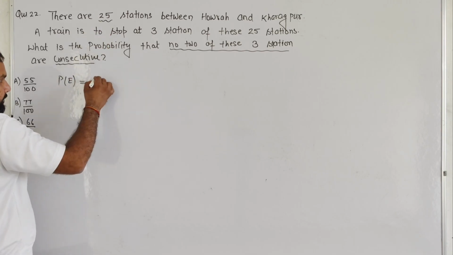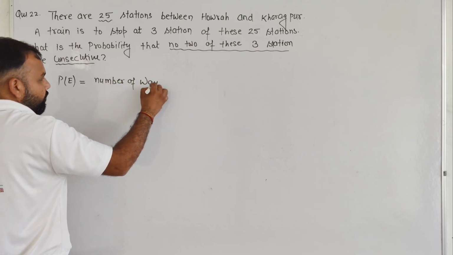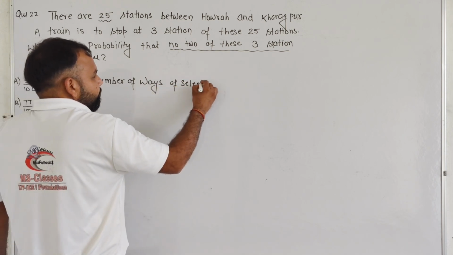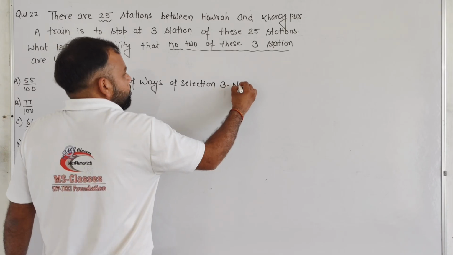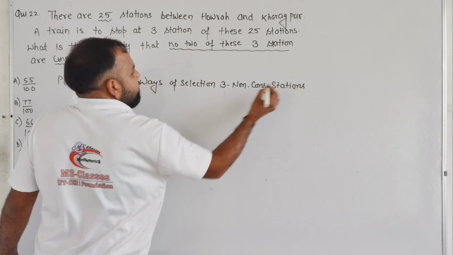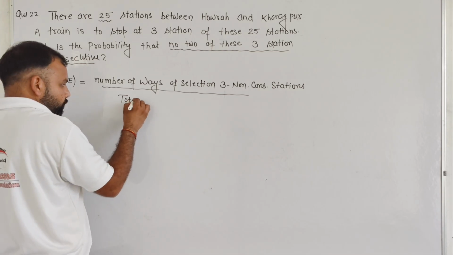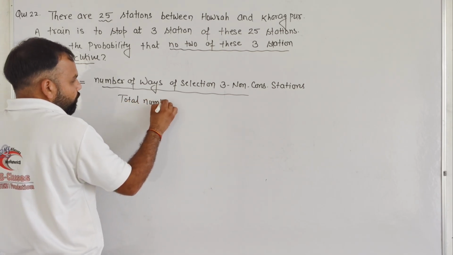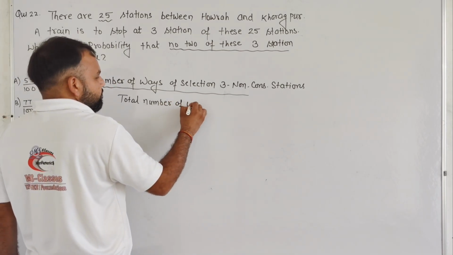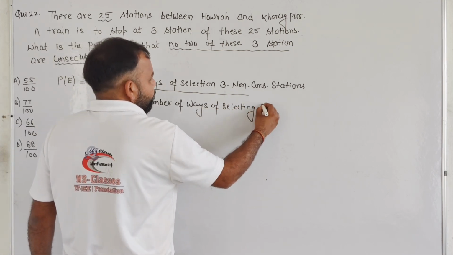In this question, it is the number of ways of selecting three non-consecutive stations, divided by the total number of ways of selecting three stations.